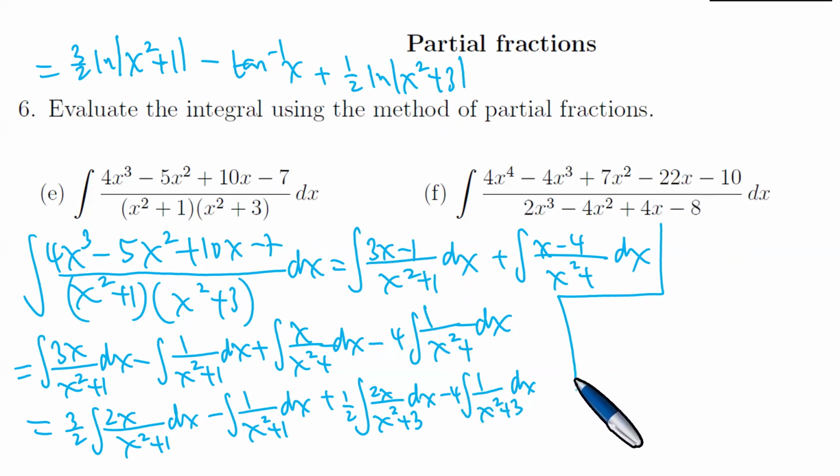So to get this one, we'd have to let x be the square root of 3 tan theta.